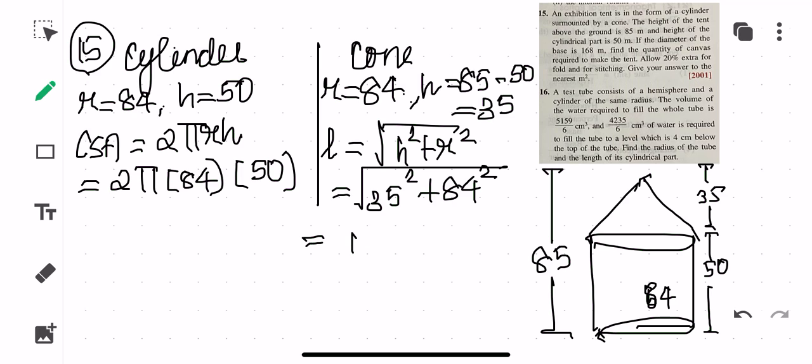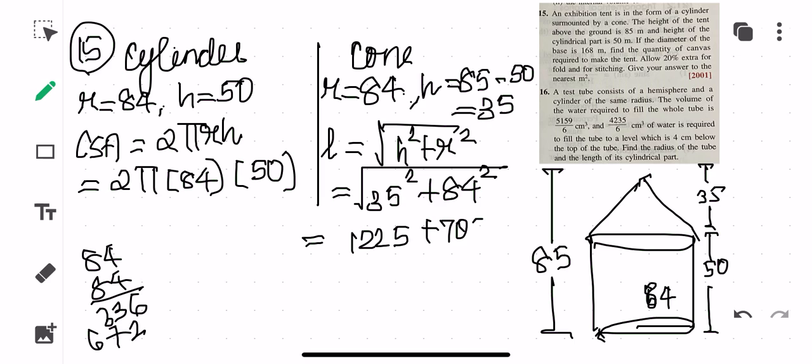We all know it is, children, 1225, but we don't know 84 square, so we'll be just calculating. So this comes out to be 7056. So plus 7056. So we'll be taking the root over of this.